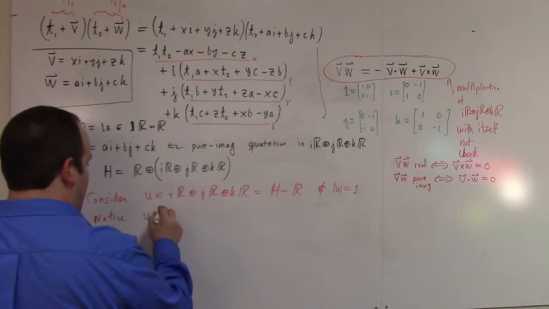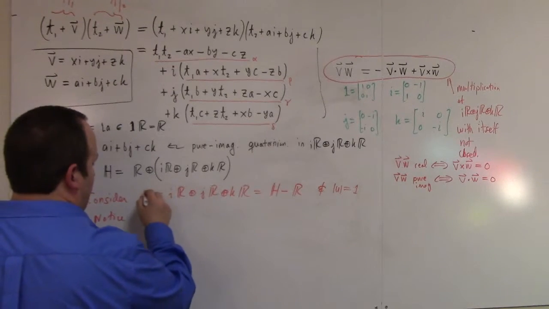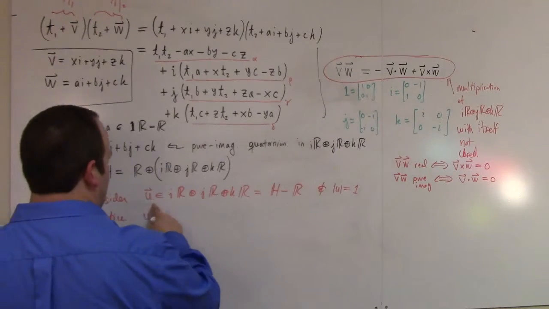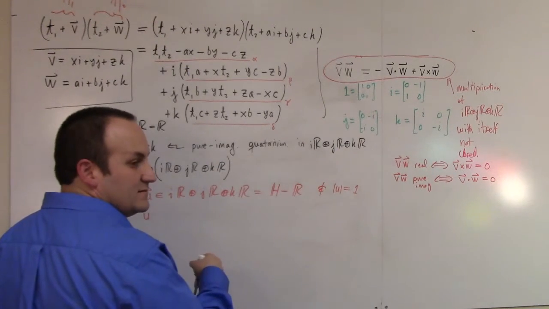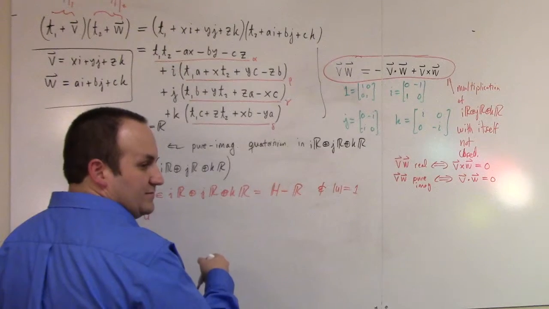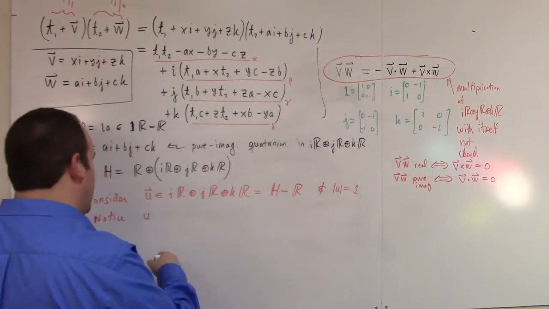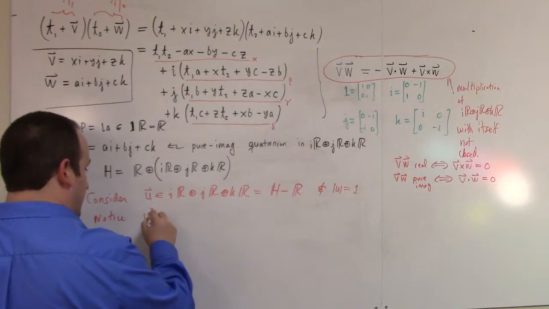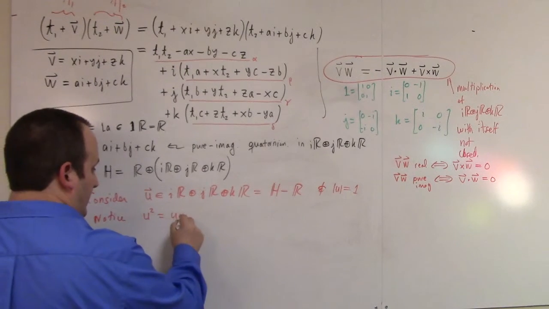My notation is just to put a vector over it. U is in here, if U is equal to U vector. In my notation, he uses this notation too, but so U squared is what?